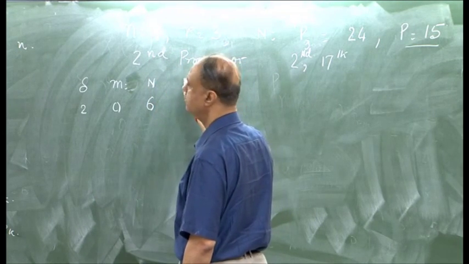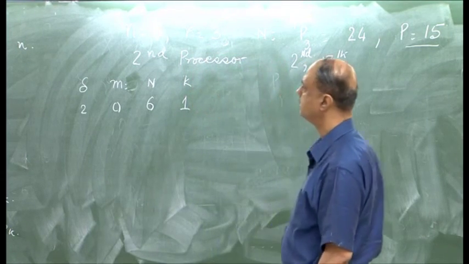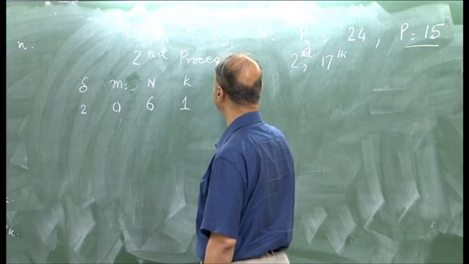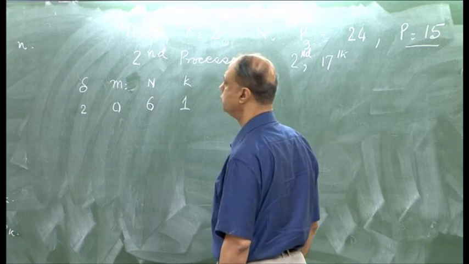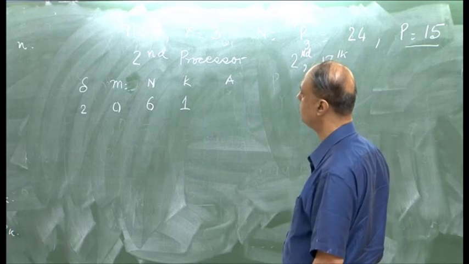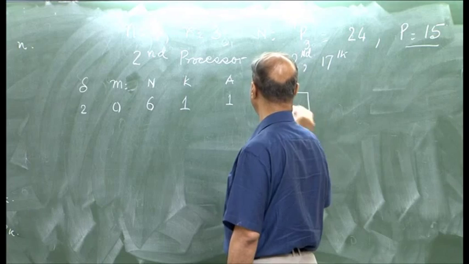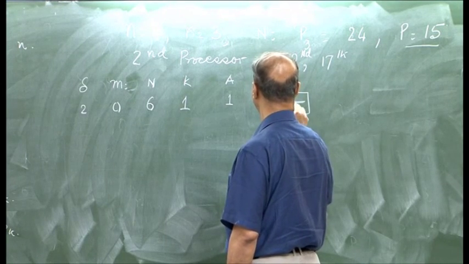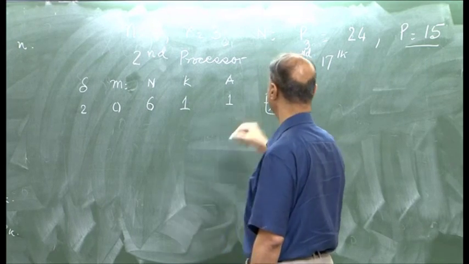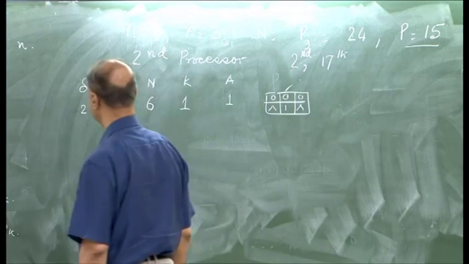What is your k value? K value is 1, because 2 divided by 6 is 1, and since m equals 0, it will print 1. So your p will become 1, 0, 0, 0. This is what it will generate initially.